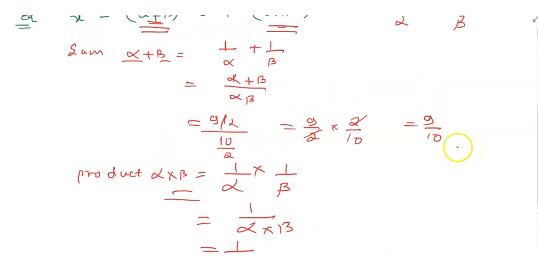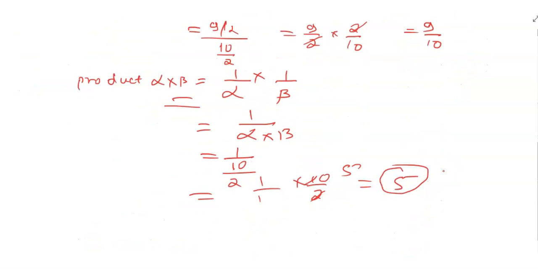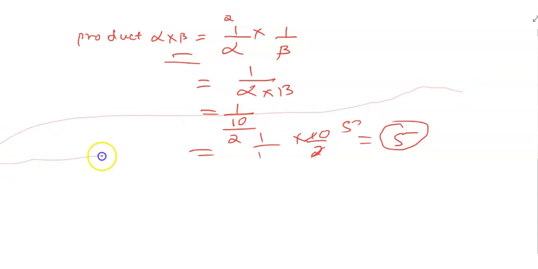Let's insert these in this equation in order to form the quadratic polynomial. Let's take p of x is equal to x square minus sum of zeros, that is alpha plus beta, x plus product of zeros alpha into beta.